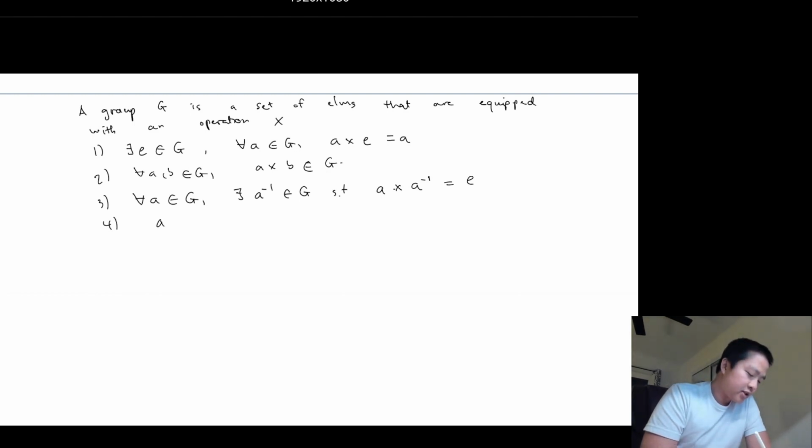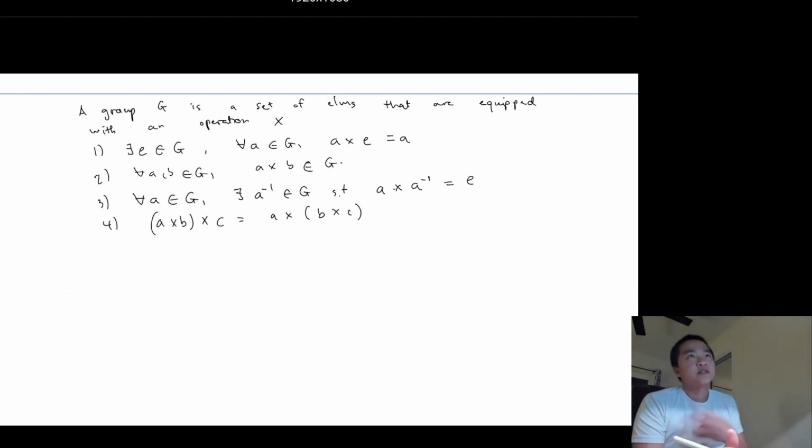So A times B, combine, get the result, and times C is equal to A times the result of B times C. Okay, so this is the definition of a group.